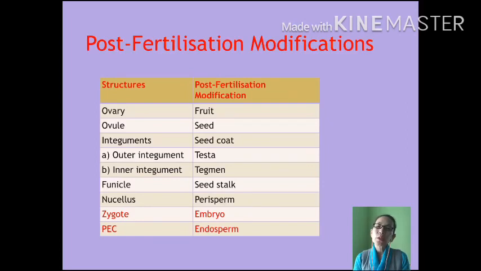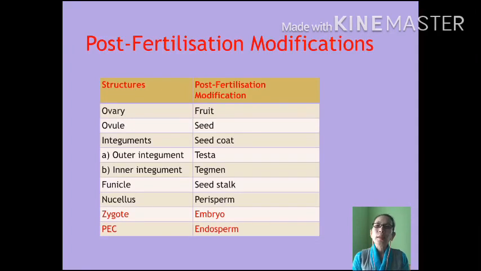The funicle, which is the stalk of the ovule, becomes modified into the stalk of the seed, and in some seeds we may also find persistent leftover nucellar tissues, and such persistent nucellus is called perisperm.